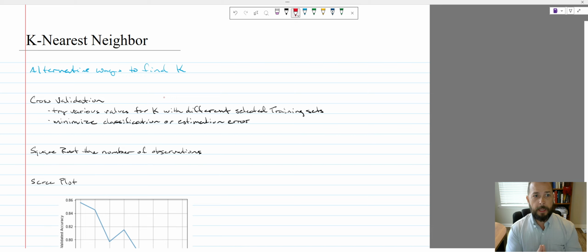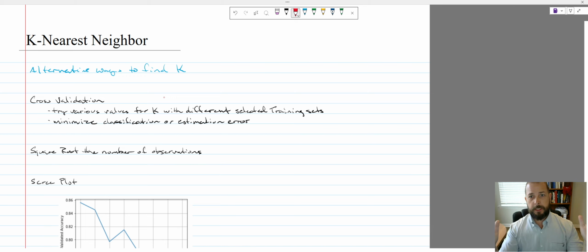This means that we're going to try various different values of K with different selected training sets. Oftentimes you'll hear the term K-fold cross-validation, or 10-fold cross-validation. That means that I'm taking 10 different training sets.